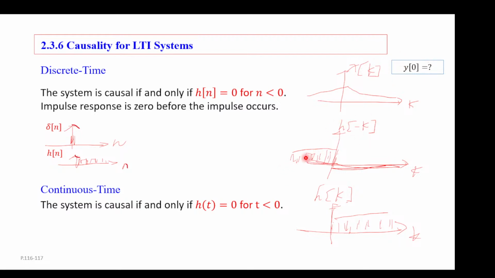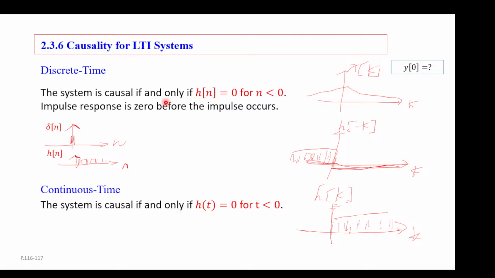And that means this h of minus k should only have amplitude when k is less than or equal to 0. Then you flip h of minus k back to h of k, and you see h of k should only have response for k greater than or equal to 0, and that means h of n should only have response for n greater than or equal to 0. So the n less than 0 part should be all 0.